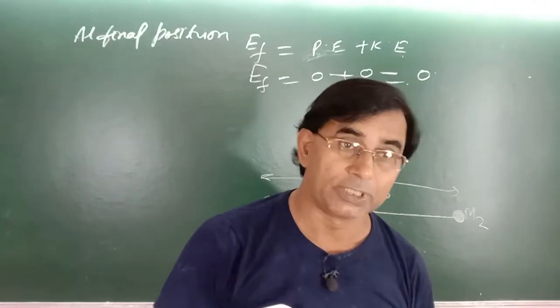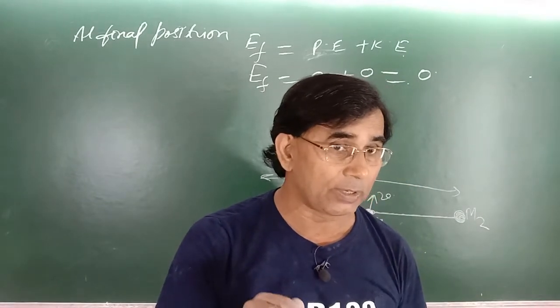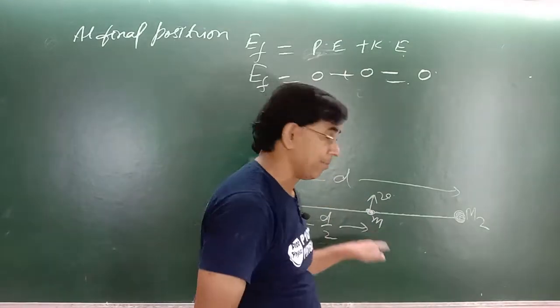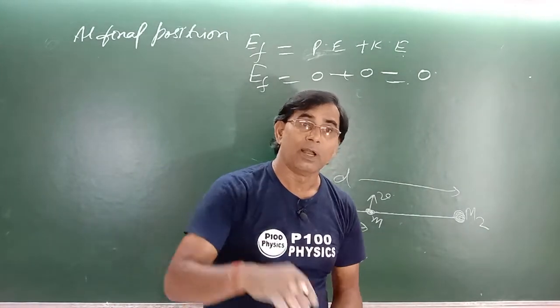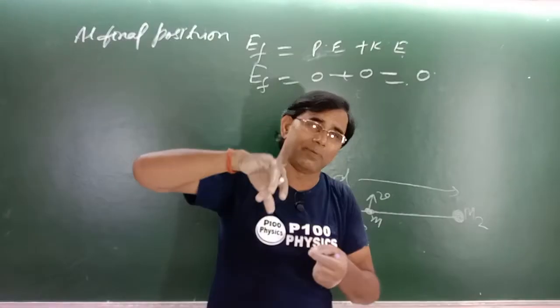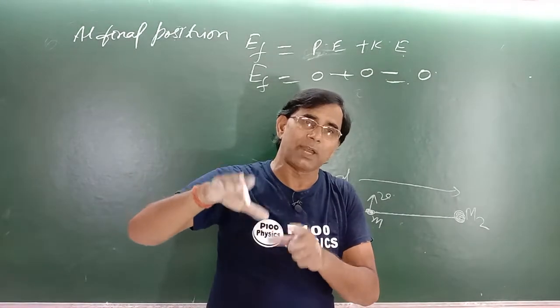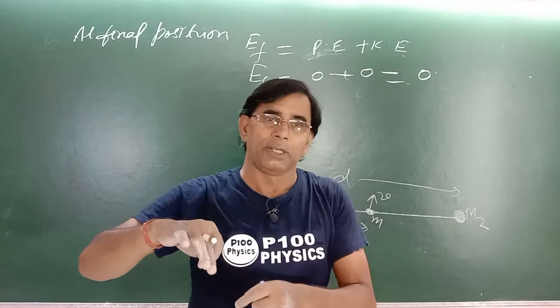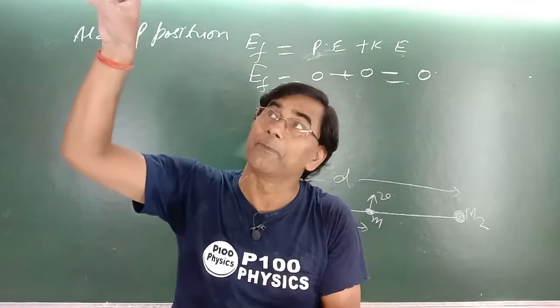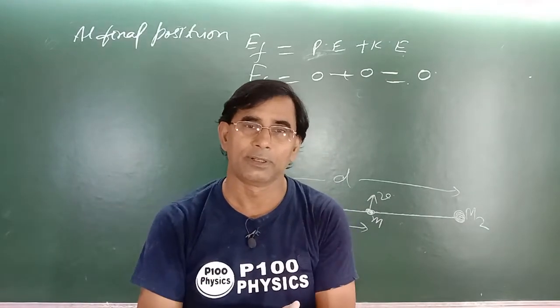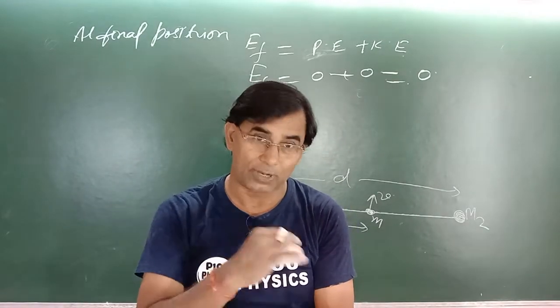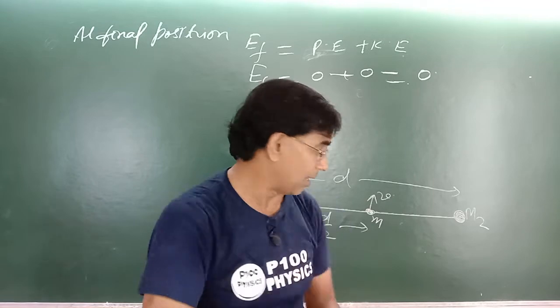Since you are given this minimum velocity, at the final position the kinetic energy will be expended, and there will be no remaining energy of the kinetic energy which is given to this small m.